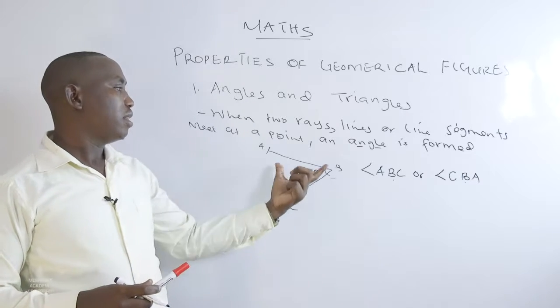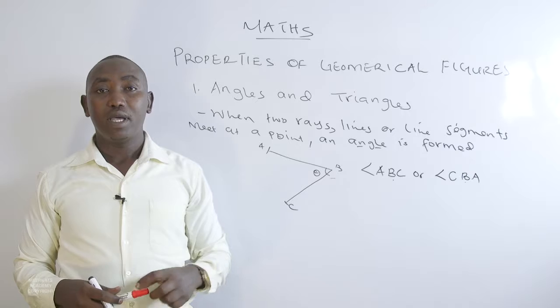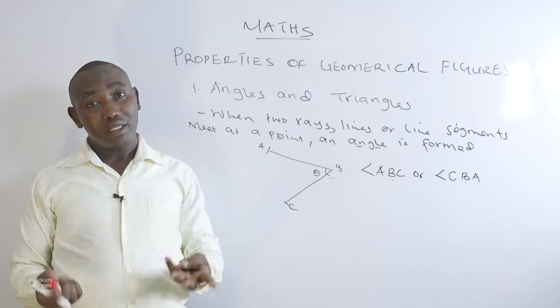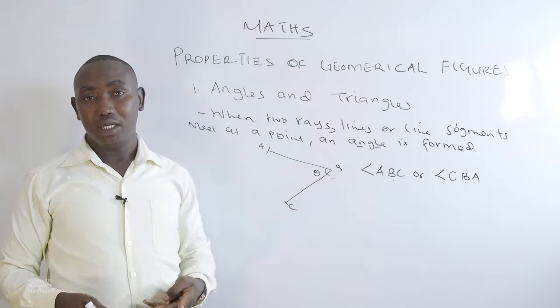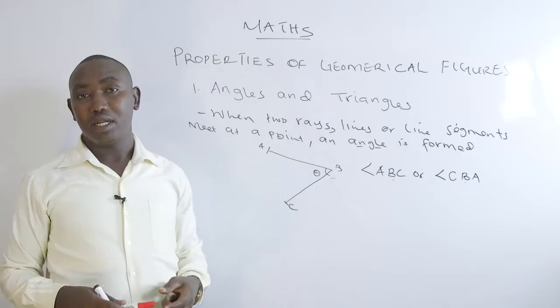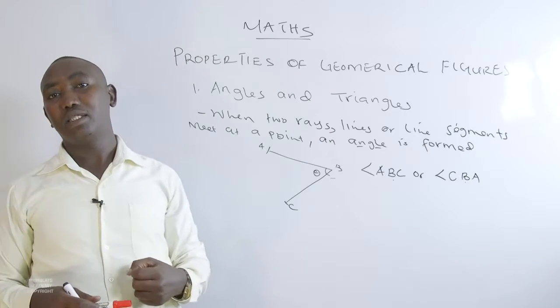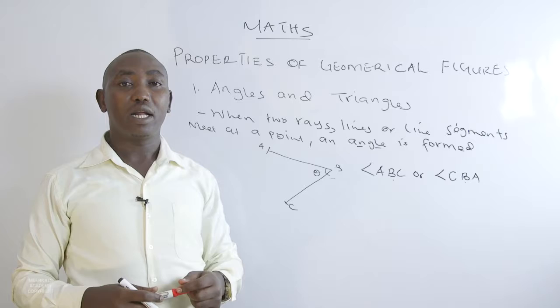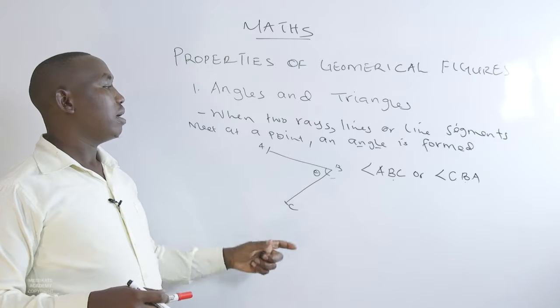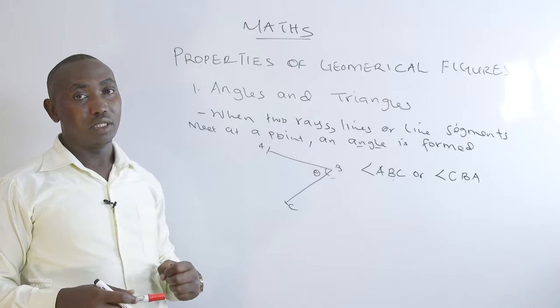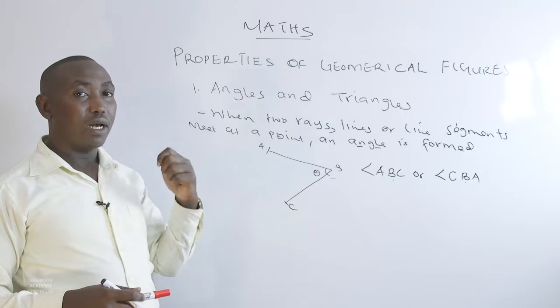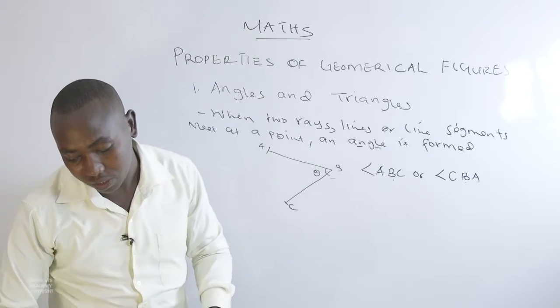Now, when this angle is formed, it can be less than 90, it can be more than 90 degrees, it can be less than 180 degrees, it can be less than 360 degrees. Depending on its size, we have different names for different angles.